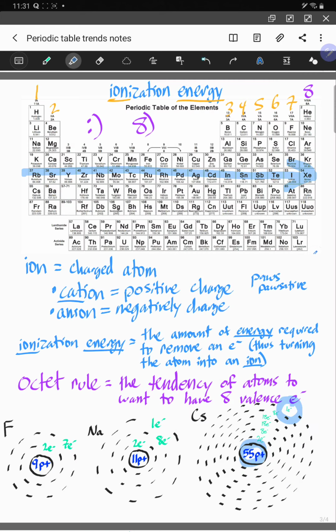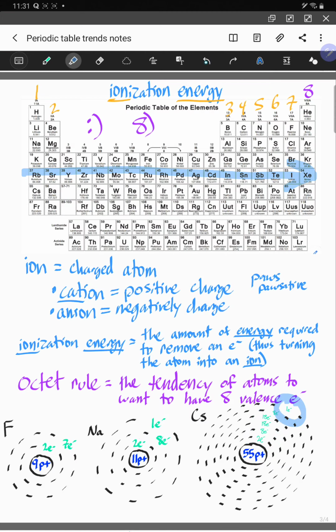So for both of those reasons, it's going to be easier to remove this electron from cesium than it is to remove this electron from sodium. Again, this valence electron in cesium is both further away and it has more electrons in between it and the nucleus to further reduce the attraction to the nucleus.